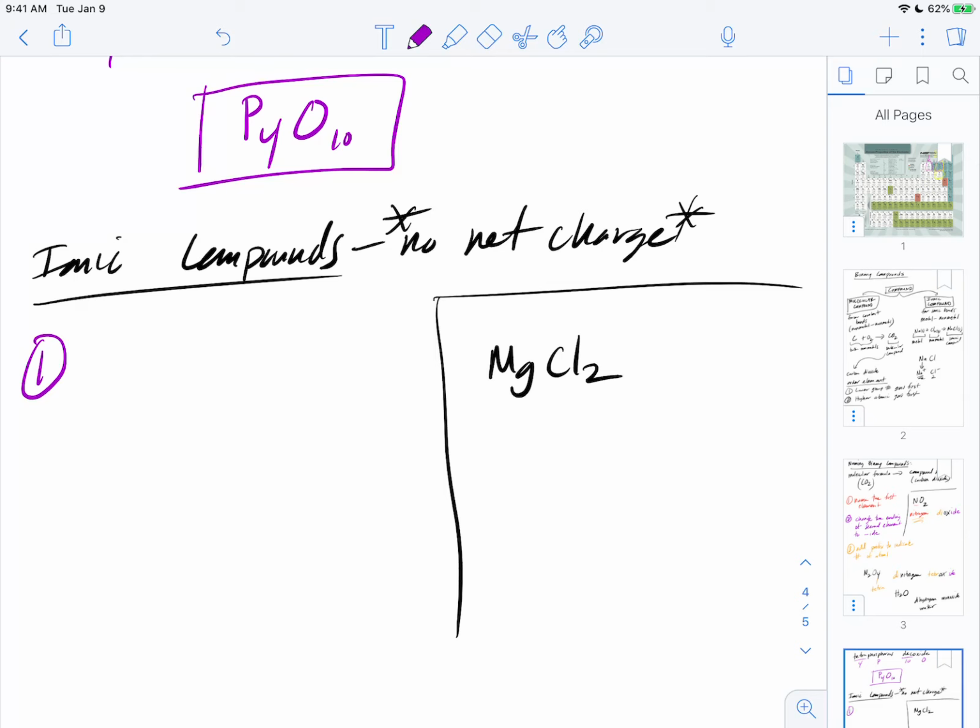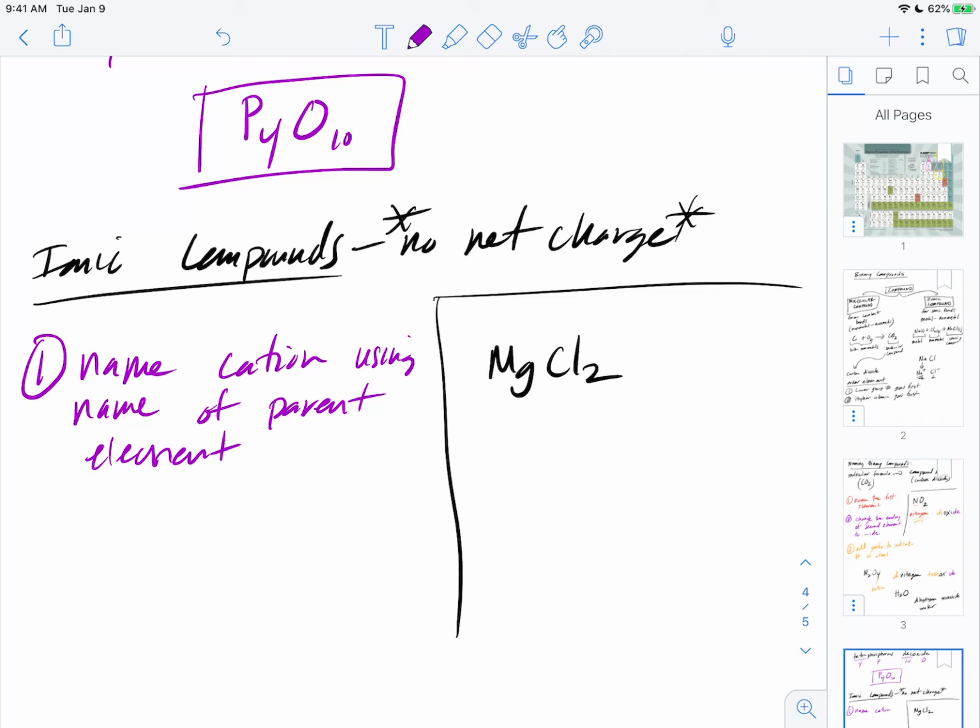Okay, so our first rule, we'll do this in purple. First rule is name the cation, so the positive ion, the first one, using the name of the parent element. That's just a fancy way of saying you're not going to change the name at all. So magnesium stays magnesium.